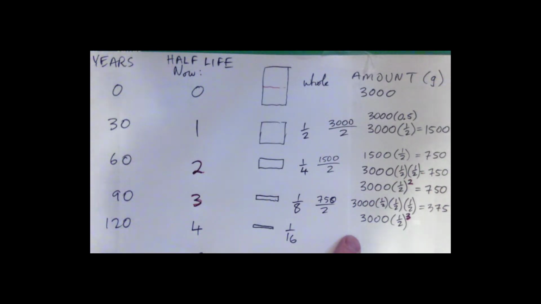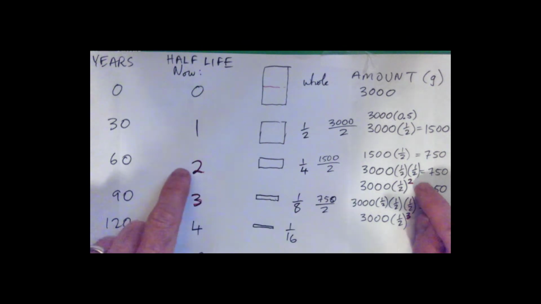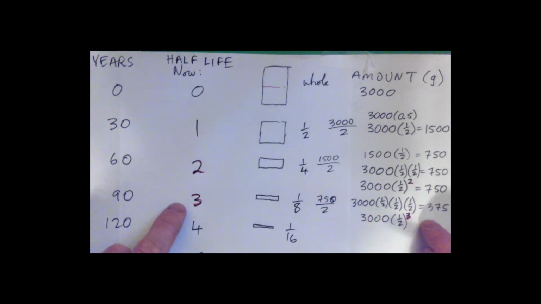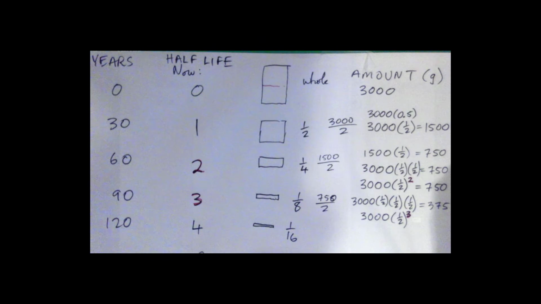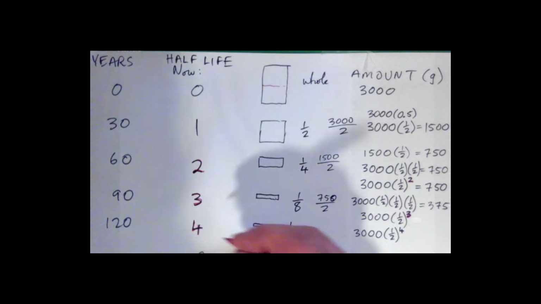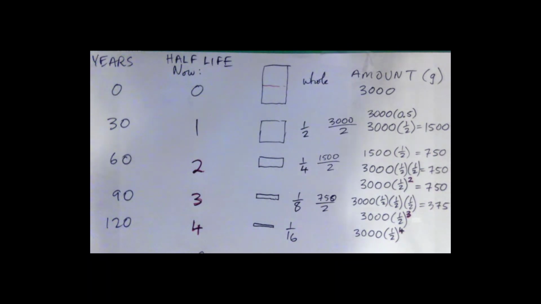What would it be? And can we follow our cool little formula we found here? 187.5. That sounds right. So would it be 3,000 times a half to the power of 4? Lovely. So 4 half-lives, that becomes a 4, right?